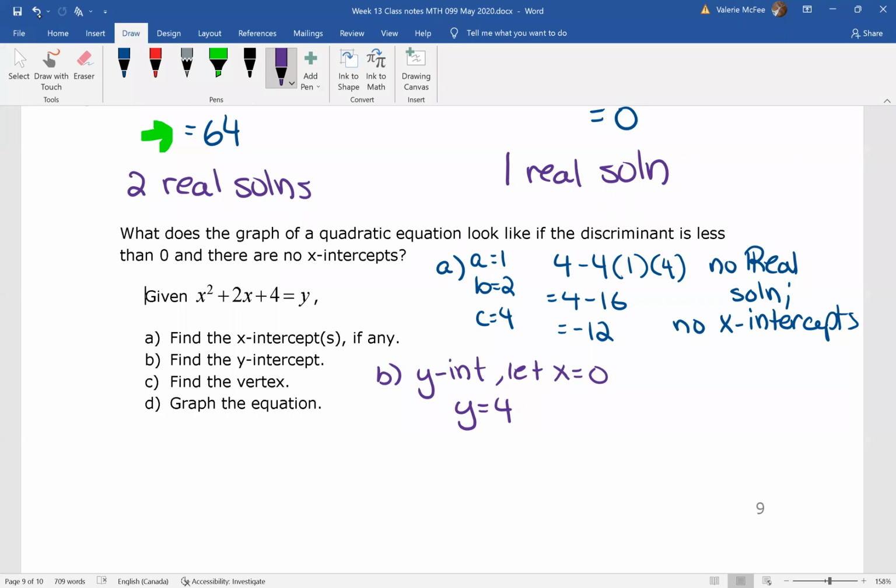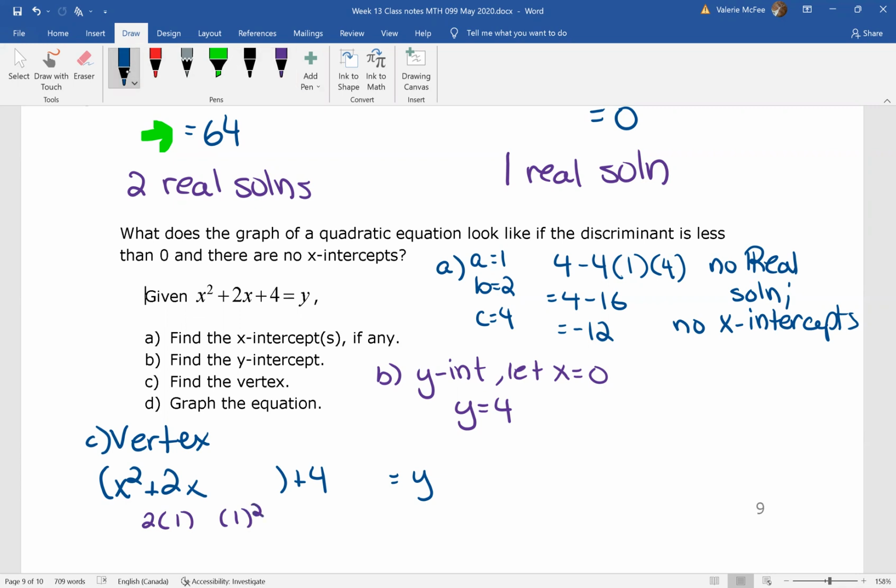Find the vertex. Now here I'm not asking you to use any specific method for finding the vertex, but let's complete the square. We need the practice. Bracket the first two terms. Leave space for our perfect square trinomial and to balance the equation. We know this is 2 times 1, so 1 squared will complete our perfect square trinomial.